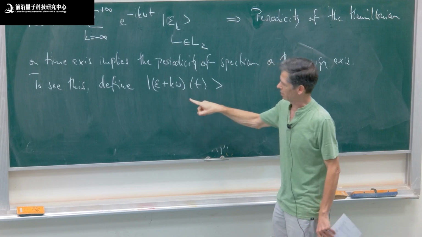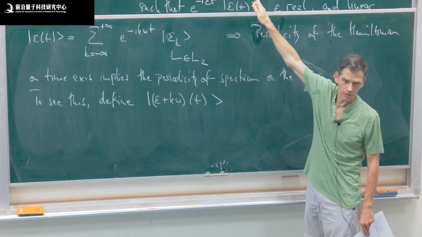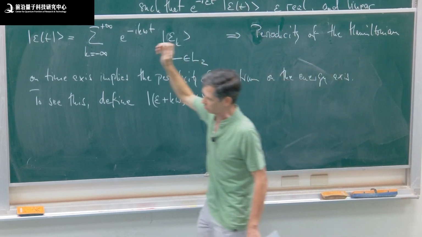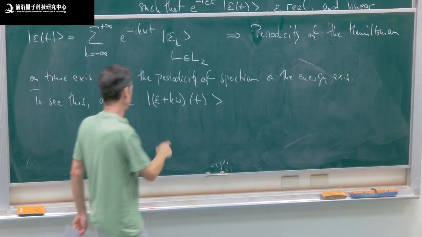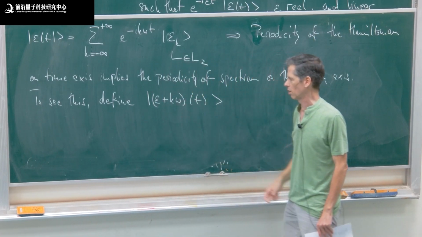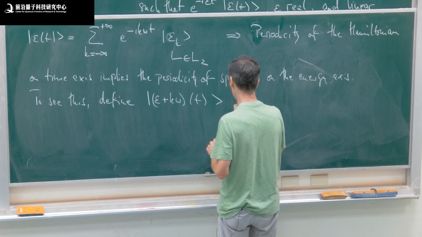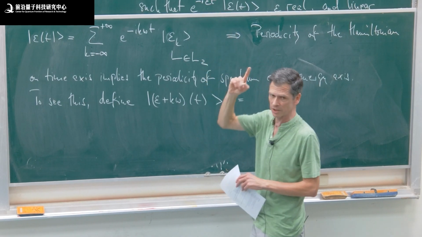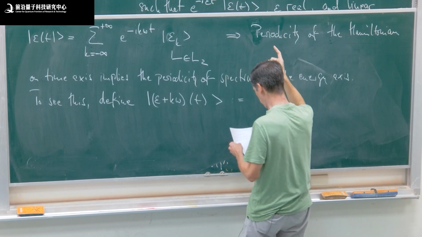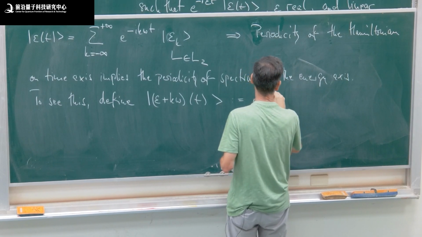Now I know what epsilon of t is: this is one of these eigenstates, obtained by solution of this eigenvalue equation. And now I introduce a new object which I call epsilon plus k omega of t, which I define as this epsilon of t garnished by e to the plus i k omega t.